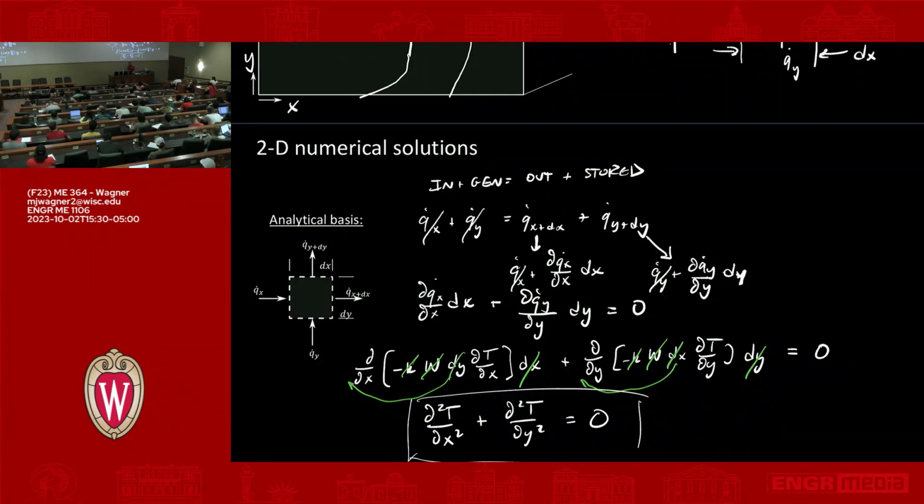For the purposes of this class, I just want to show you that this is what's governing the problem, and then we can take the numerical solutions and still get an answer, even without going any further on this. So would I ask you to do this in a test? No, I wouldn't. But you should know it exists.